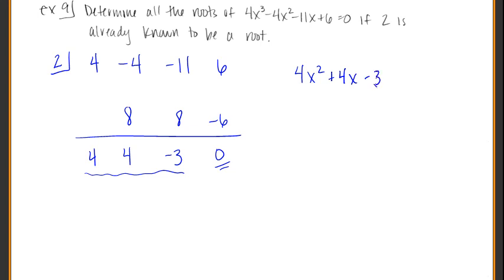And all we need to do from here, since this is a quadratic, is either try to factor it, and if it doesn't factor, then we can always use the quadratic formula. I like to try to factor first, because to me it's always the easiest. But if you love to do the quadratic formula, I would say go for it. So let's see.